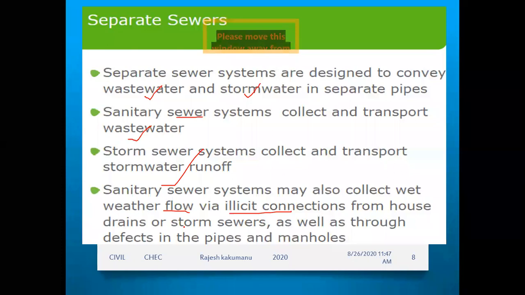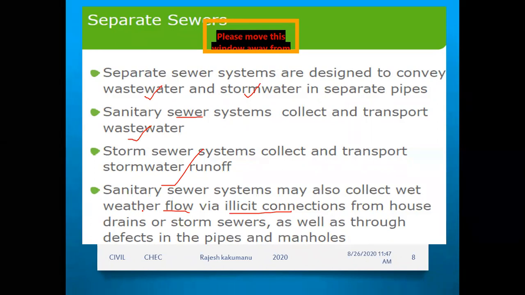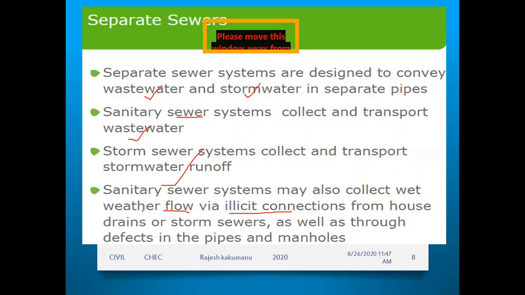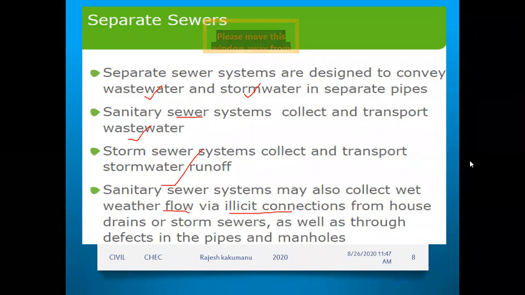So whatever the leakages or other openings in the pipeline, either the sewage water or the storm water are collected in the big pipe separately, that is in the separate sewer system, right?